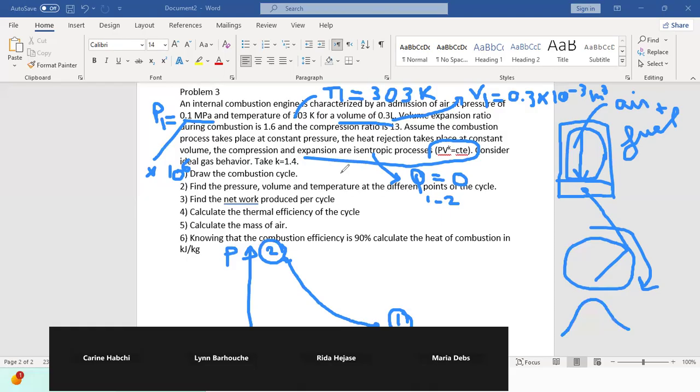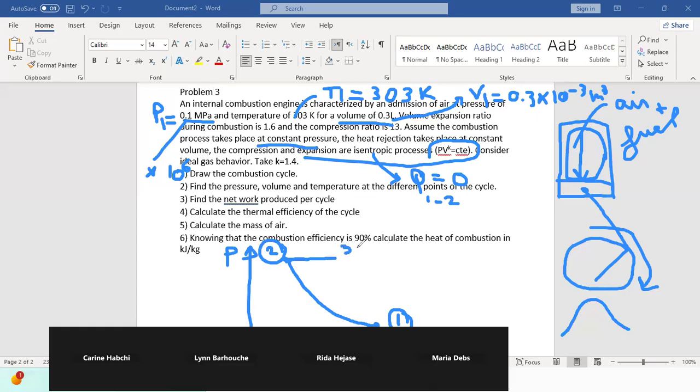In this example, they said we will introduce diesel in a way to have a constant pressure process. So combustion will release heat, and because the piston will start to move downward, the pressure will be able to remain constant. Since the volume is increasing and we have heat release, the pressure will remain constant in this case.